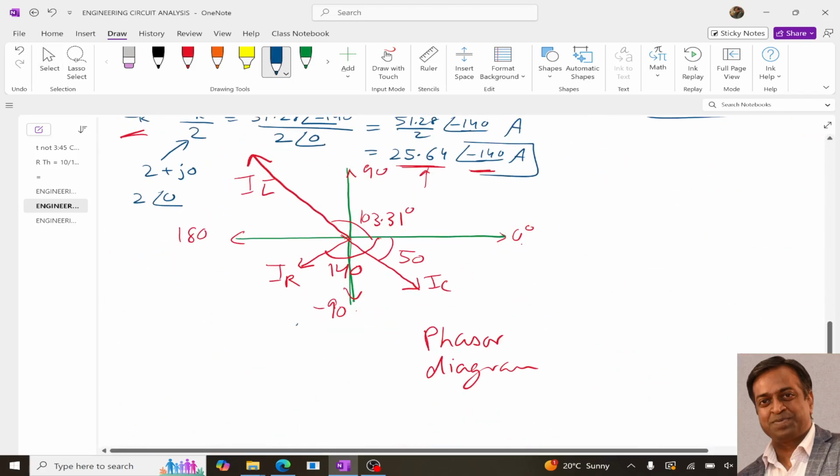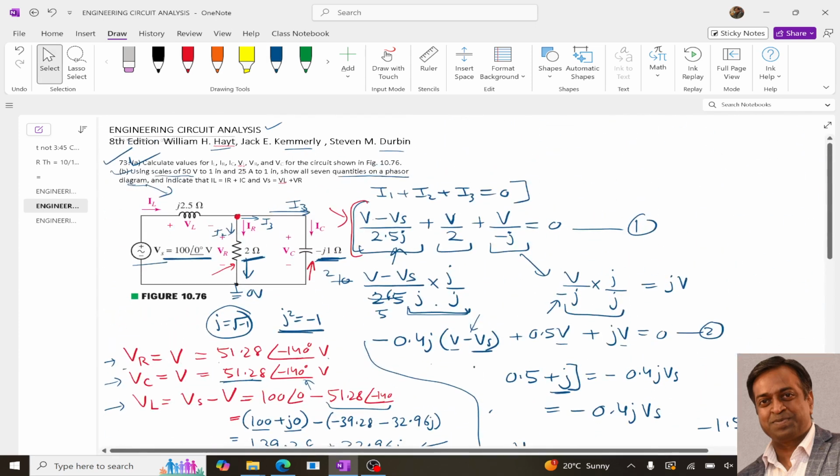If you do a vector sum, like if I bring this IR over here, right, I will get my angle, it will be something like this, right? You can see the direction, this will be our IL. So if I do the vector sum of IC and IR, I will get IL, right?